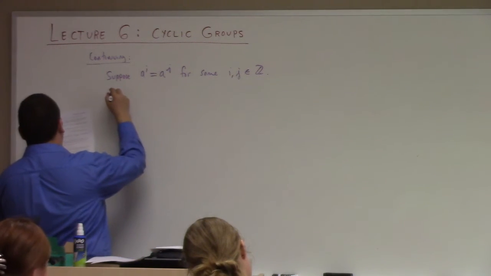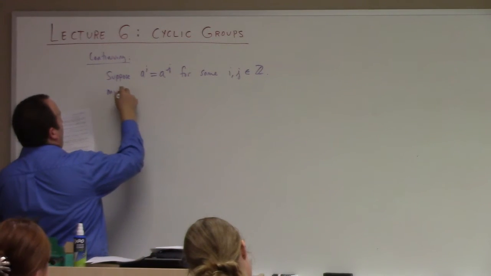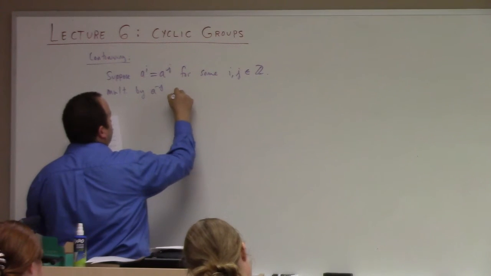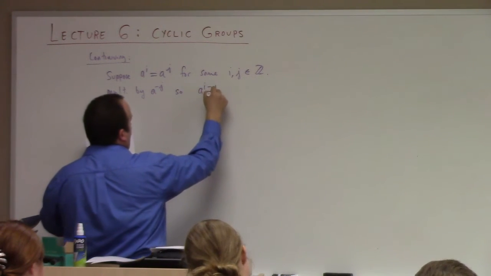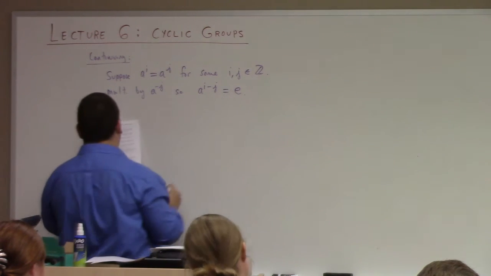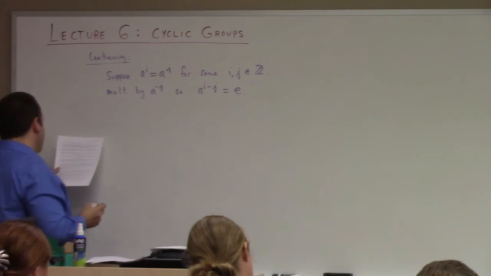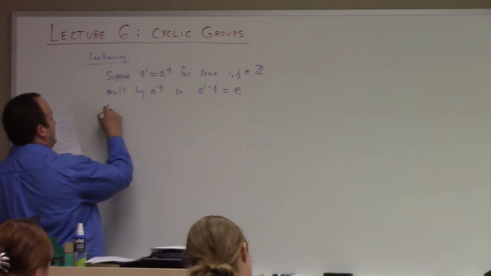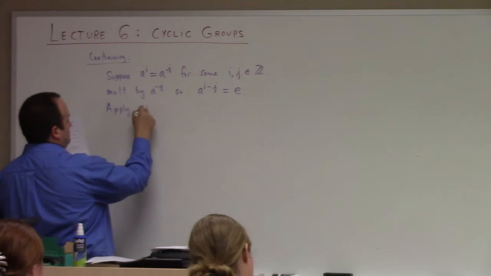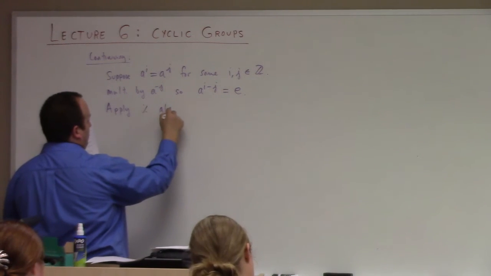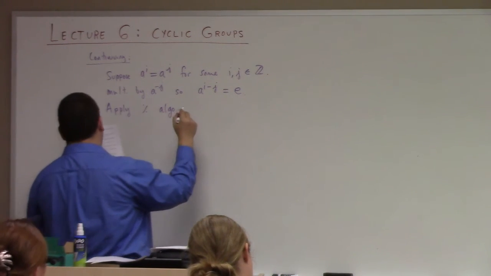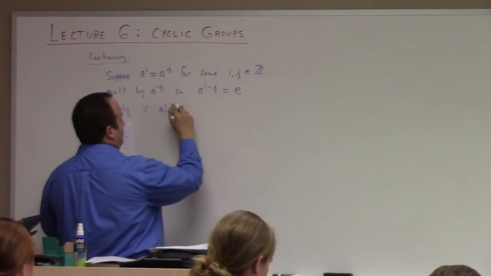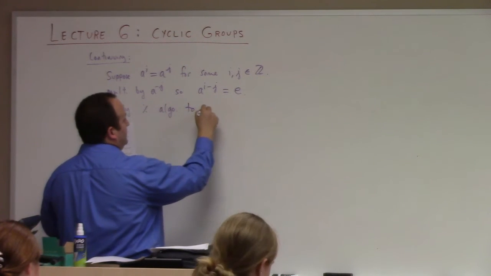Then we can do what? Same thing we did last time, right? Multiply by a to the minus j. What's that give us? Right? a to the i minus j is equal to e. And then we can do what? Apply the division algorithm again. And what's the division algorithm tell us here? We're going to apply it to i minus j.